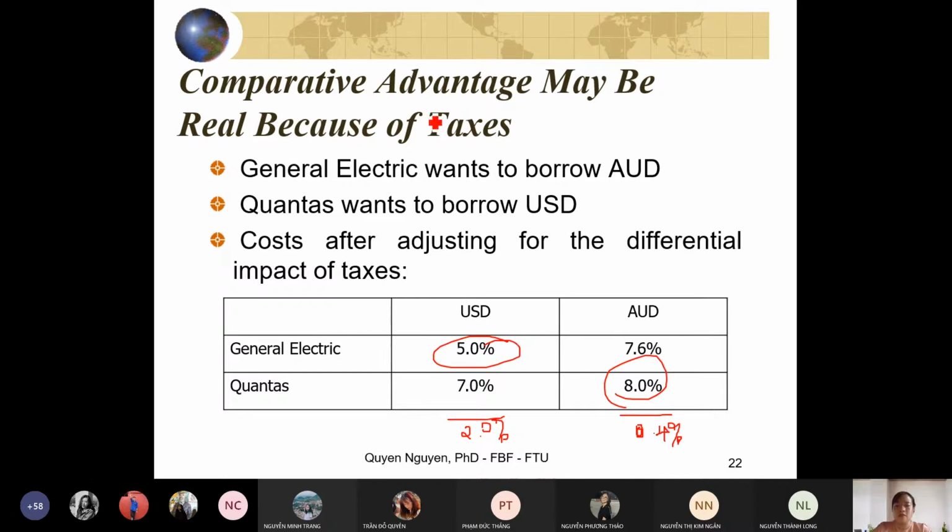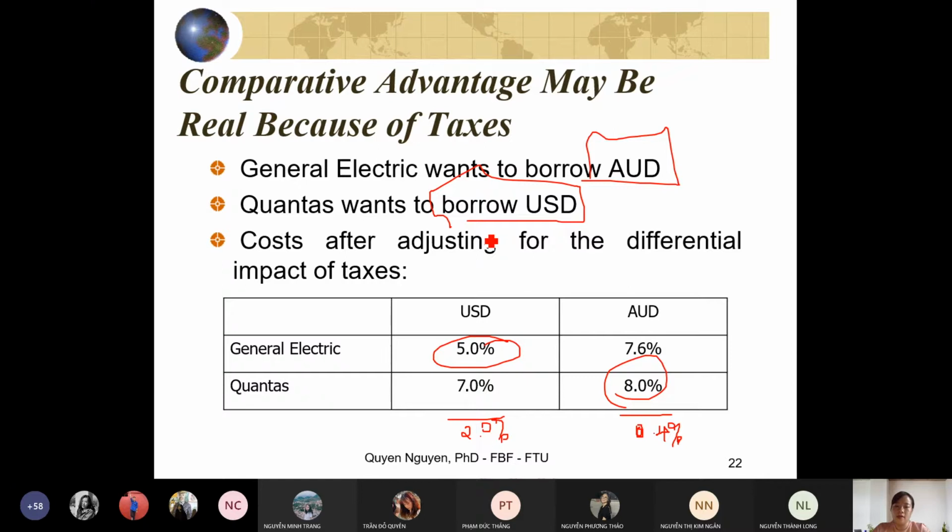But as you can see, GE, although it has comparative advantage over USD, wants to end up borrowing in Australian dollars. And Qantas, although it has comparative advantage over Australian dollars, wants to end up borrowing in US dollars. Now, suppose that the two corporations want to make use of their comparative advantage, and they will enter a swap contract with the help of the financial institution.